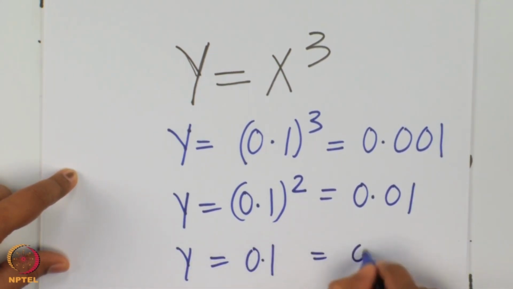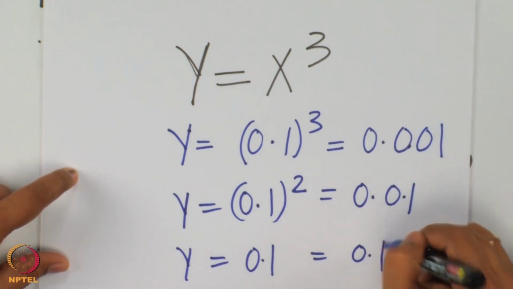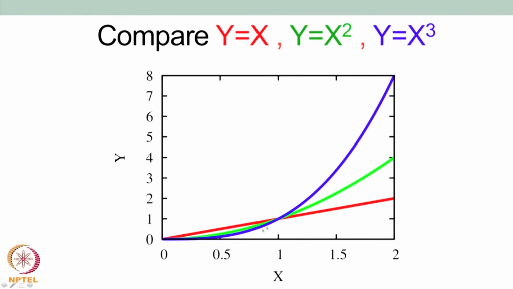So you can see this is smaller than this, which is smaller than this. That is what this curve indicates: the blue curve is much below the red and green.